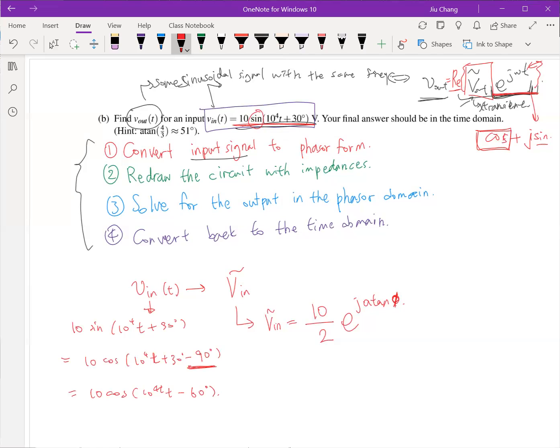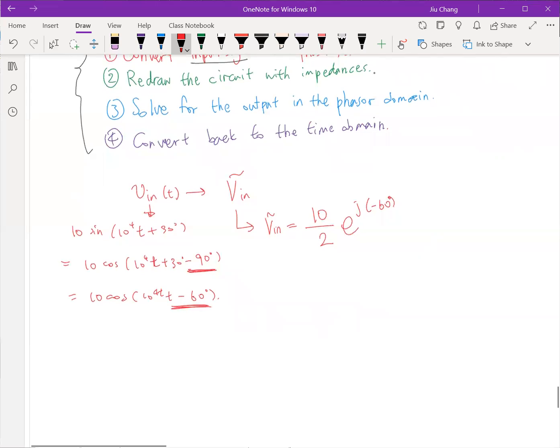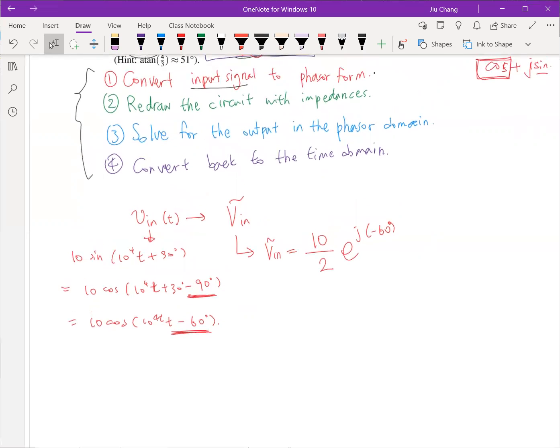So finally, we got that the phase that we were looking for is negative 60 degrees. So that's what we are going to be using here. We actually don't need a tan. We just need negative 60 degrees here. And now, I think we're good to go for this step 1.